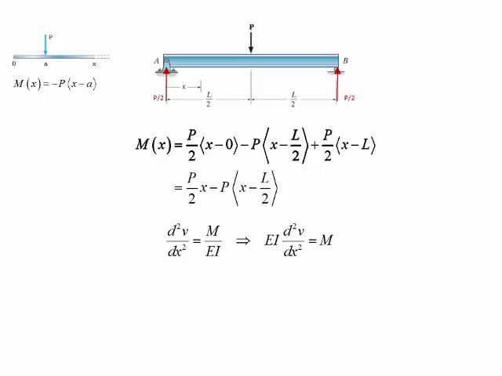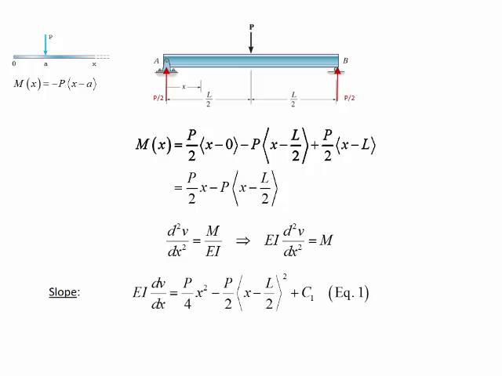So if we integrate the left-hand side of the equation twice, we will obtain v, which is the deflection, and for that we would have to integrate the right-hand side of the equation twice, so integrate the moment equation twice.